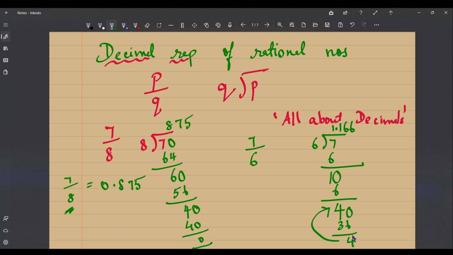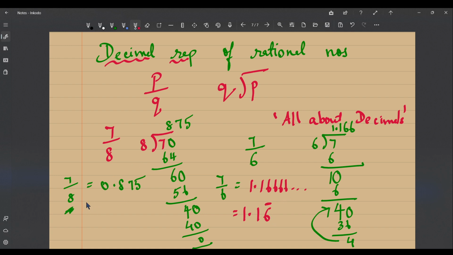So this is going to repeat forever, or in other words, 7 by 6 is equal to 1.166666, and the 6 goes on forever. A simple way to represent this repeating decimal is putting a bar over the repeating number. So 6, the bar over 6, to show that 6 is repeating.